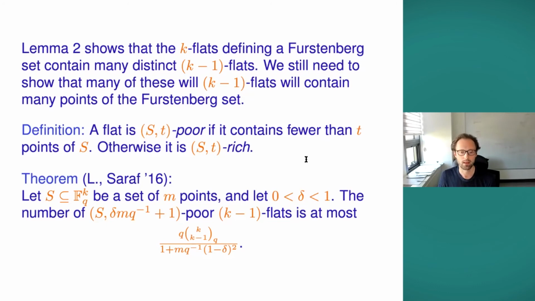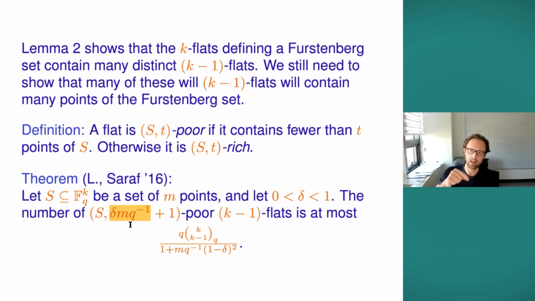and 1. Then the number of k-1 flats that contain at most delta times m over q points. So m over q is kind of the expected number: let's say you've got a k-flat and you've got a k-1 flat.